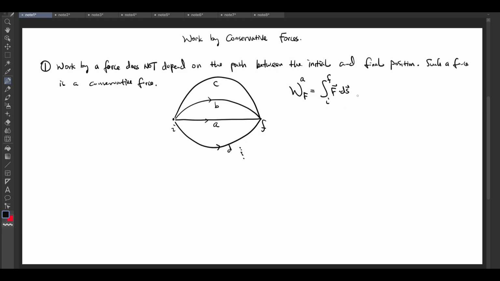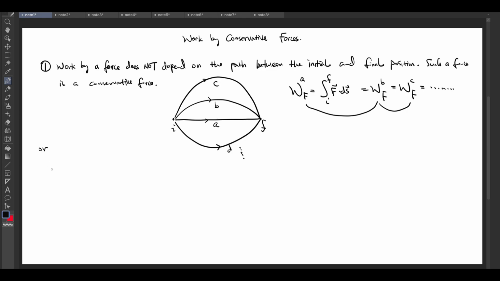Now it turns out that W_FA equals W_FB equals W_FC equals all these different paths' values. Work along all these different paths has exactly the same value. Then we say F is a conservative force. So to prove such a force is conservative, we need to calculate this work along different paths and show that they're the same.